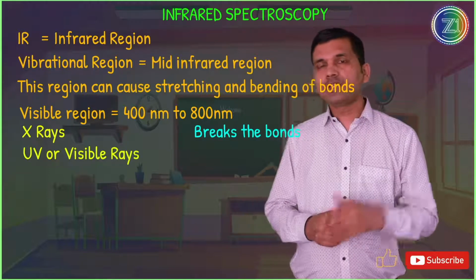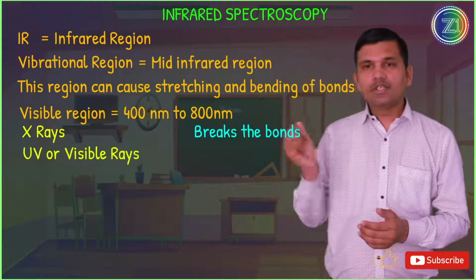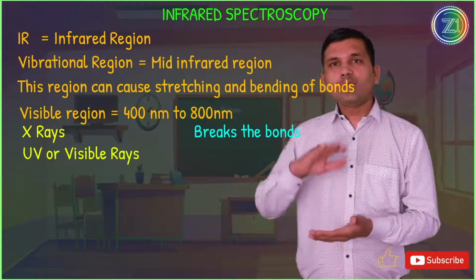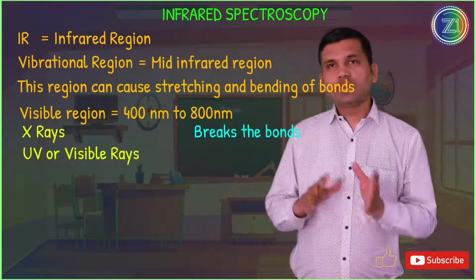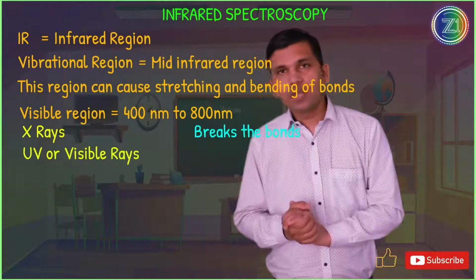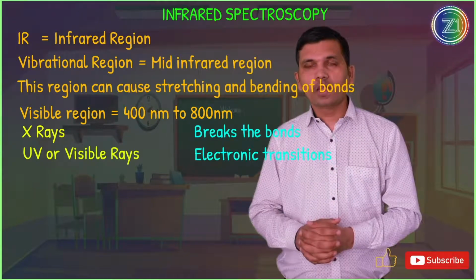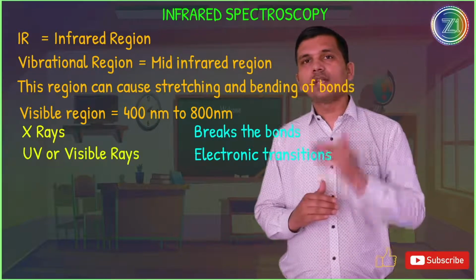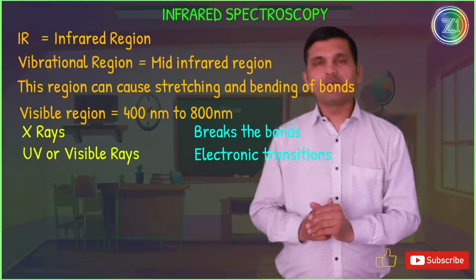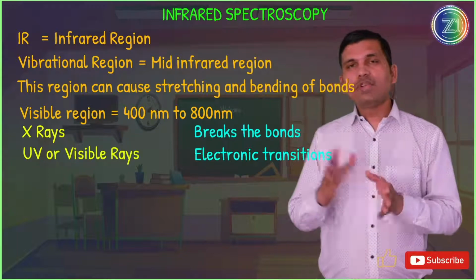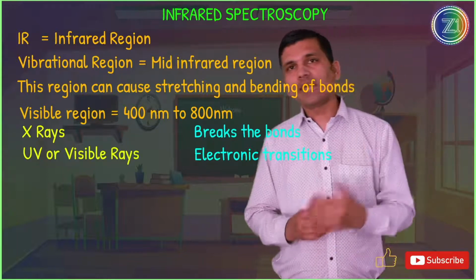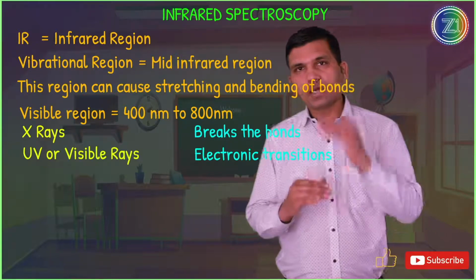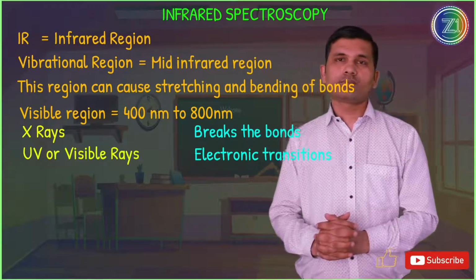The UV and visible regions supply energy so that there may be electronic transitions in the bonds. Molecules have electrons, and electrons can be excited to higher electronic energy levels. Therefore, the UV and visible regions can supply the energy corresponding to the difference between the electronic energy levels.